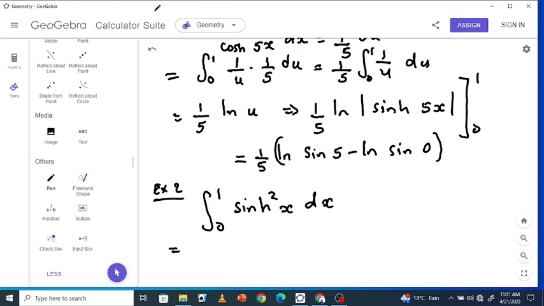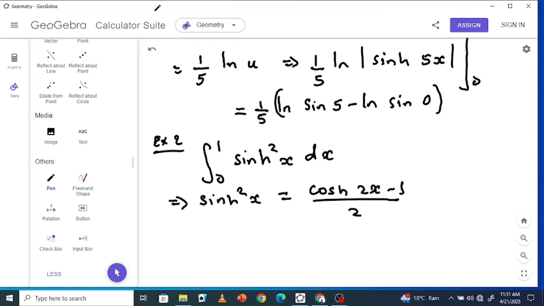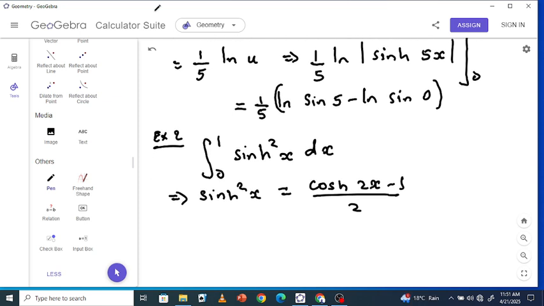We're going to use the double angles. We know that sinh squared x is the same as cosh 2x minus 1 over 2. And then we substitute the identity just like in normal integration. Now we are integrating from 0 to 1 cosh 2x minus 1 over 2.